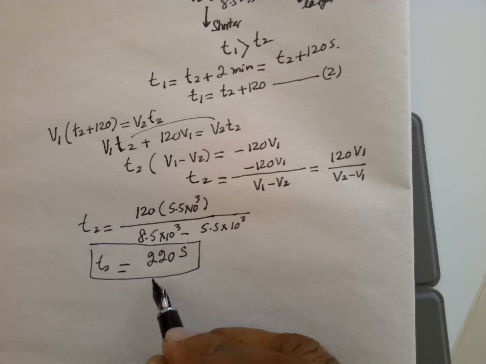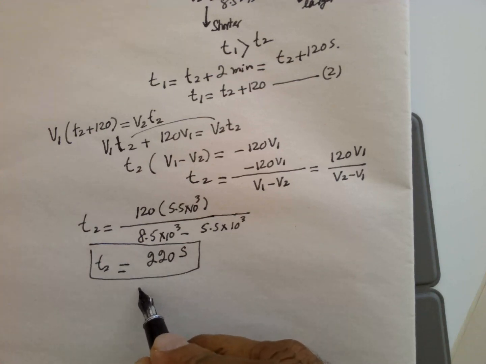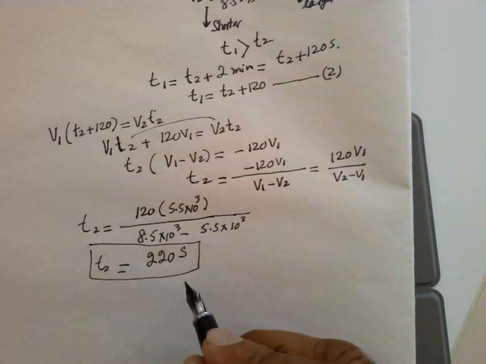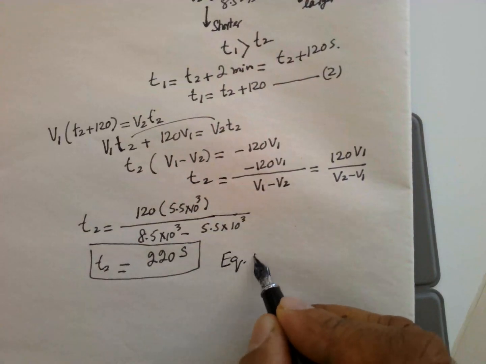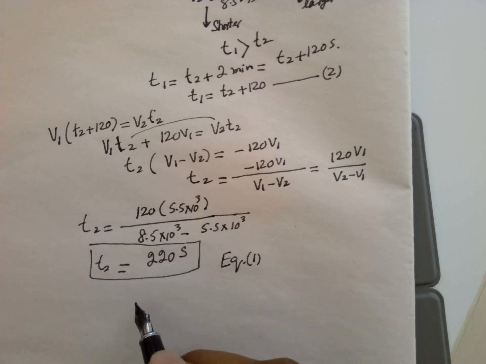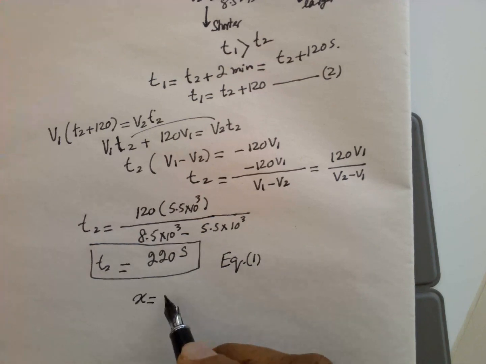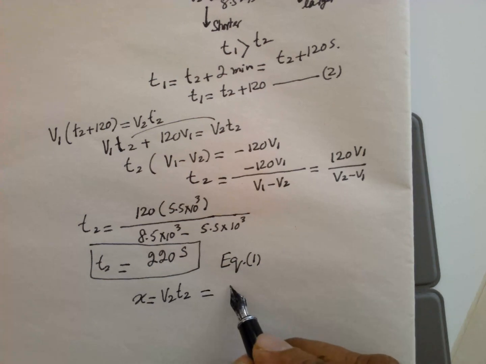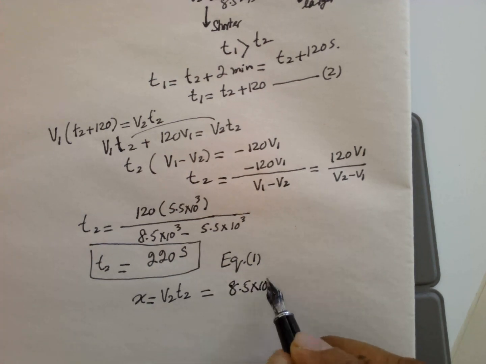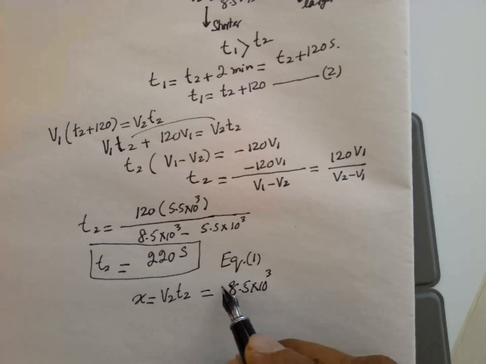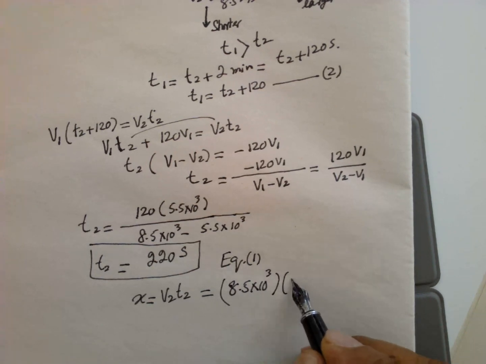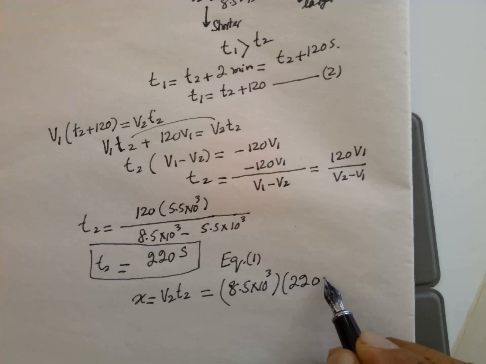Now that we have found T2, we can use equation 1. Then x is equal to V2 T2. V2 is given, which is 8.5 into 10 to the power 3 meter per second, multiplied by T2, 220 seconds.